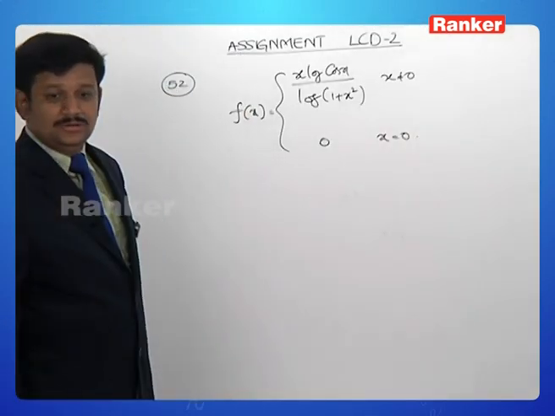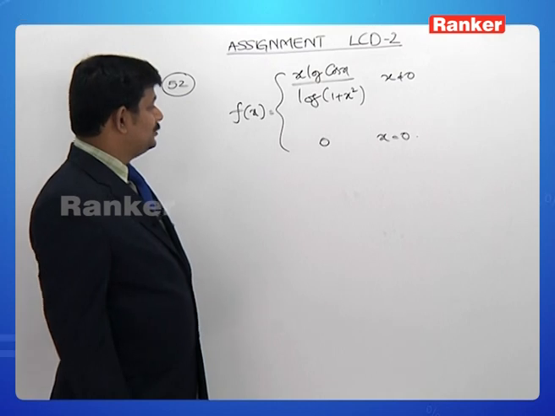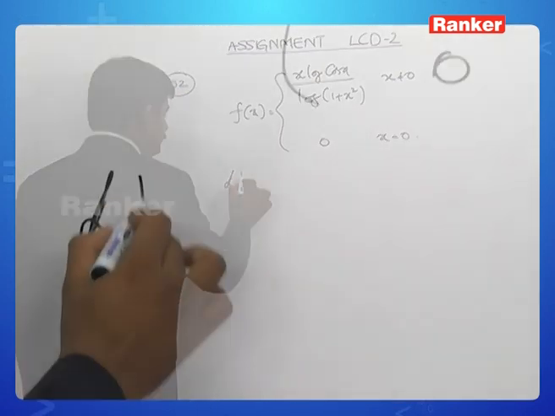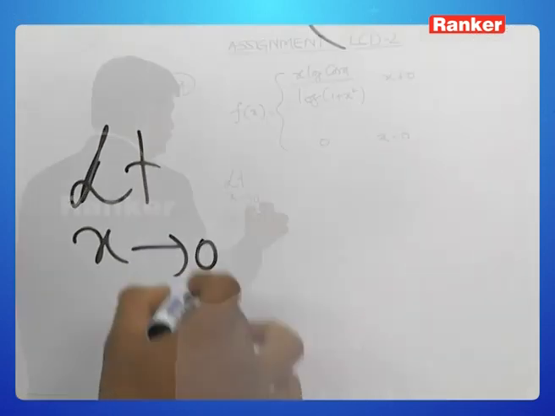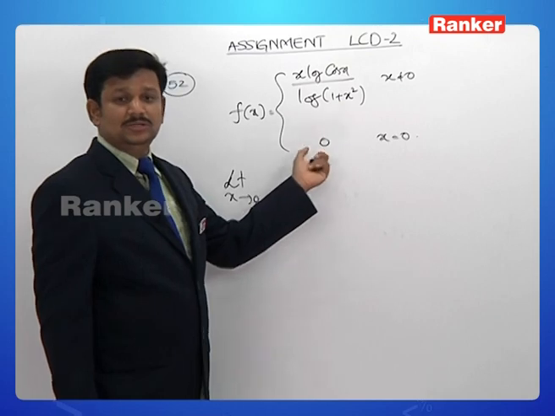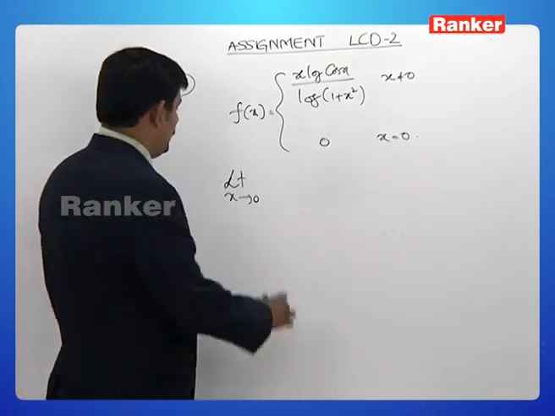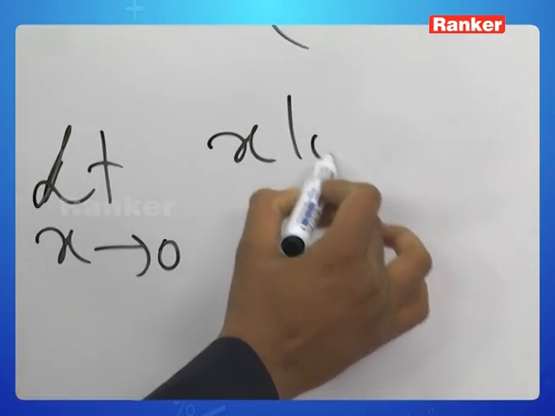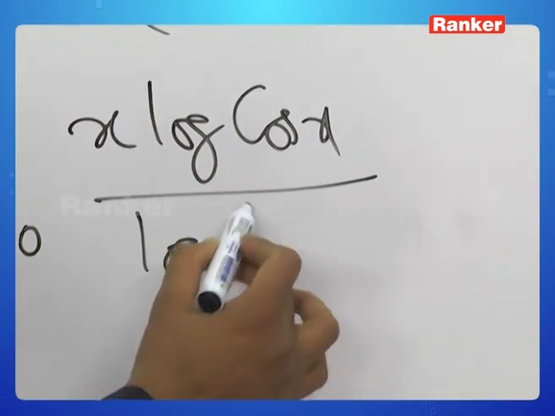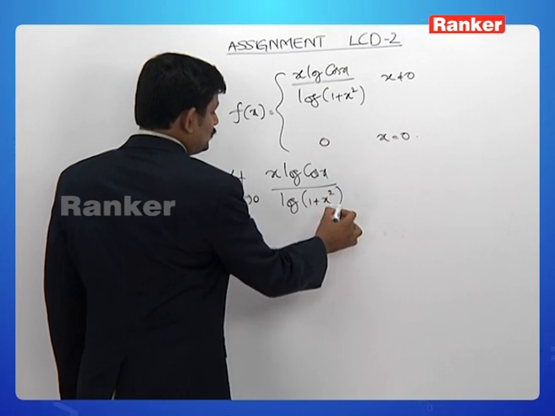For this function, we need to discuss continuity and differentiability at x equal to 0. Let us start with checking continuity. For continuity at 0, limit x tending to 0 f of x needs to be equal to f of 0, which is 0. Limit x tending to 0, x log cos x divided by log of 1 plus x square.